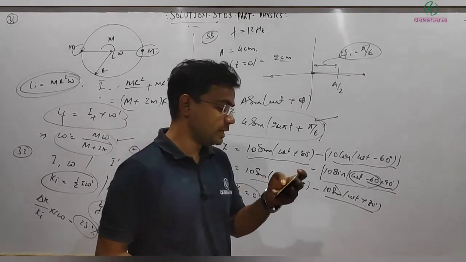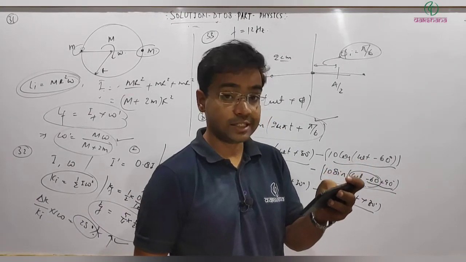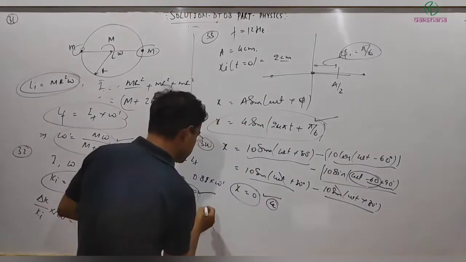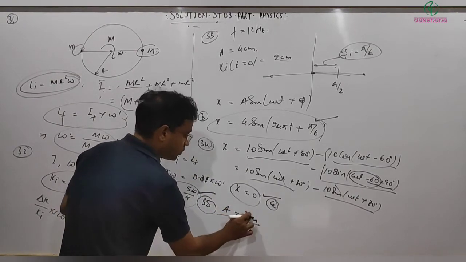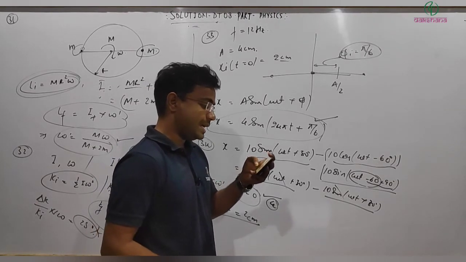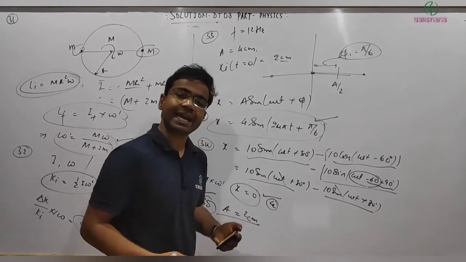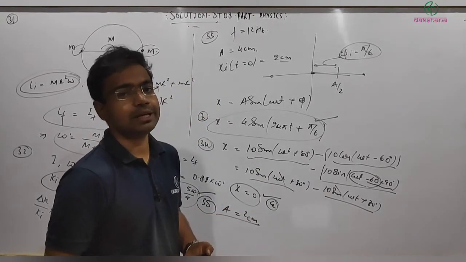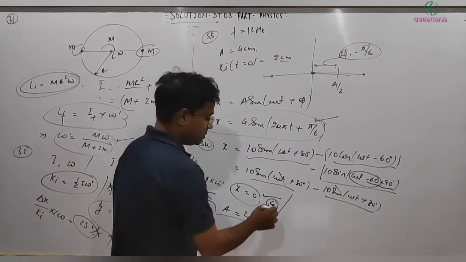Next, question number 35. Amplitude of oscillation of a particle that executes SHM is given as 2 centimeter. Its displacement from its mean position in a time equal to 1/6 of its time period. Let's consider the particle is starting initially from origin, the mean equilibrium position basically.